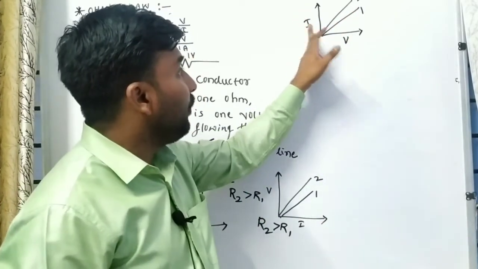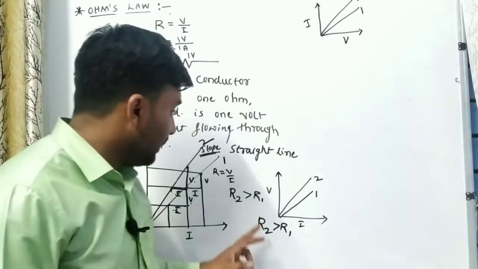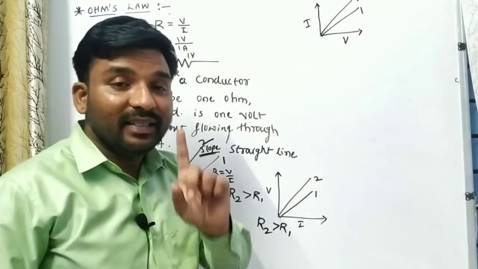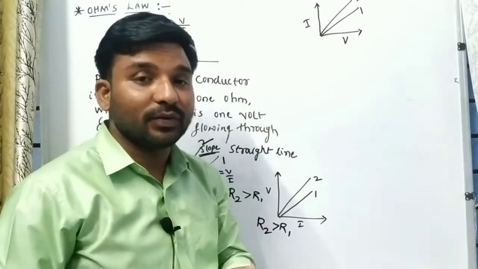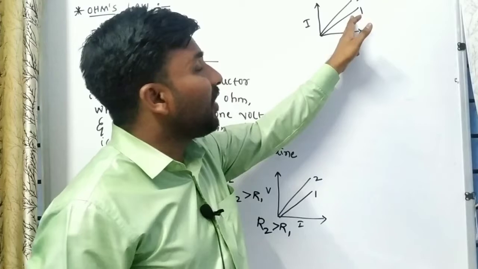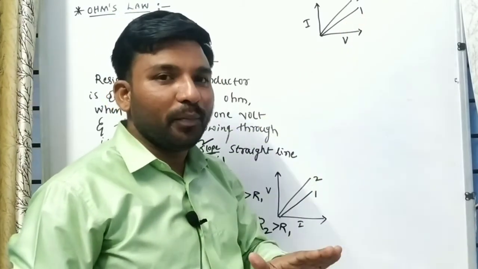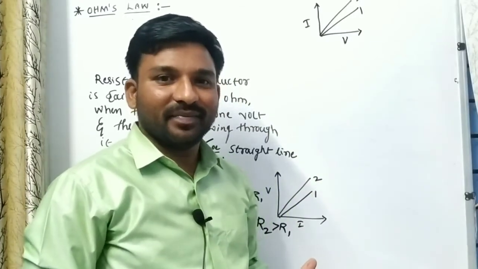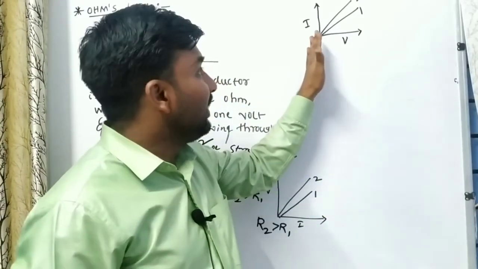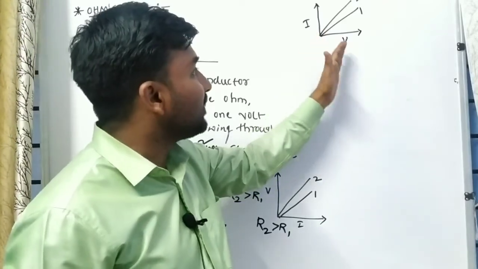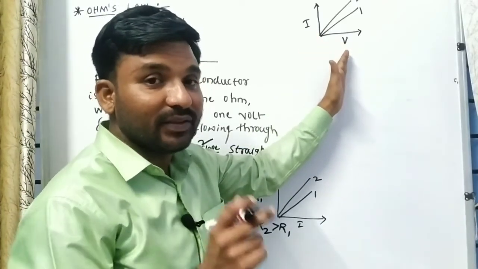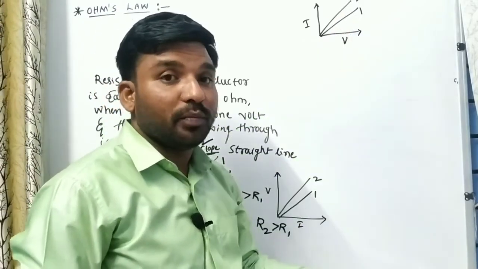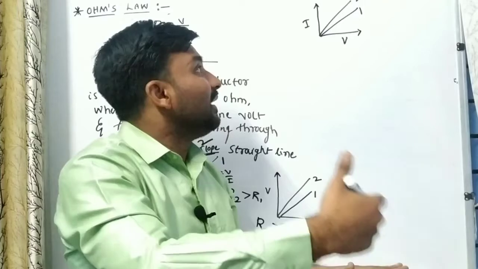But here V and I have changed. It is V by I, but here it is I versus V. In this situation, the one with the lowest slope has the greater resistance. Once again, in this case, that is I versus V, the conductor with the lowest slope has the greater resistance.